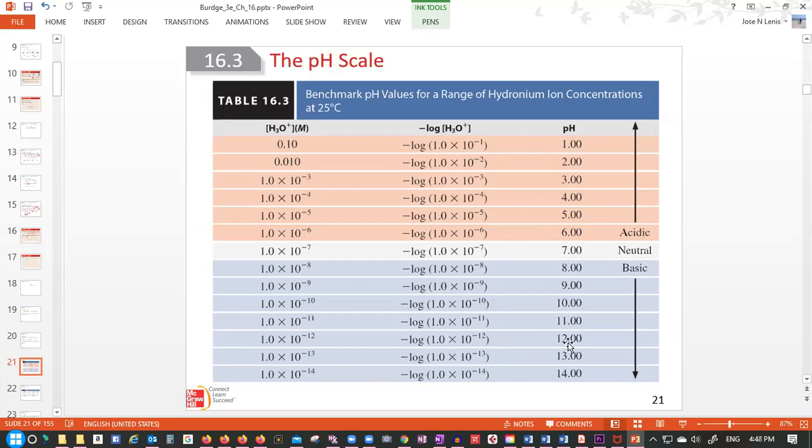So we have now, as a result, a beautiful, nice scale of pH that goes from 1 to 14. Why?